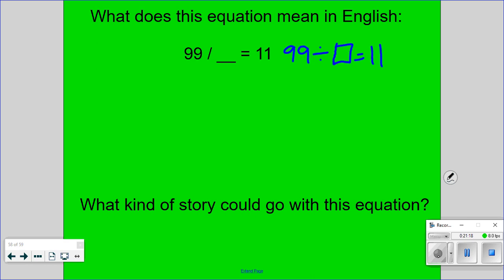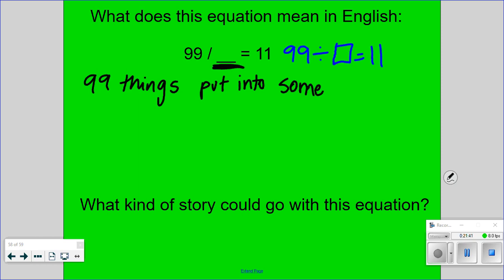Harper, you want to try? 99 things put into some groups equals 11 things. Perfect. 99 things put into some groups. We don't know the number of groups.